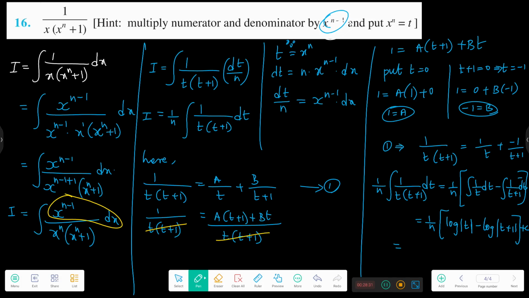Therefore 1 divided by n into, and if you want you can write log a by b, which means log a means positive numerator minus denominator, plus c, which is equal to 1 by n into t value, x power n, so that x power n divided by x power n plus 1 plus c you will be getting, that's it. So this one is your final answer, understand.